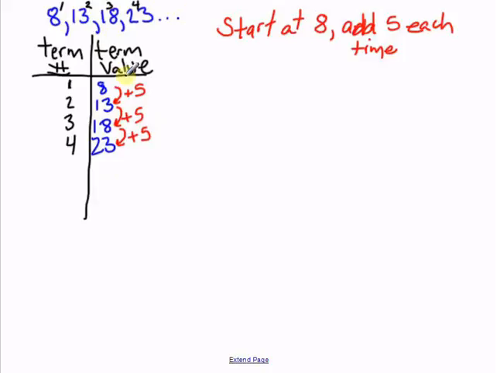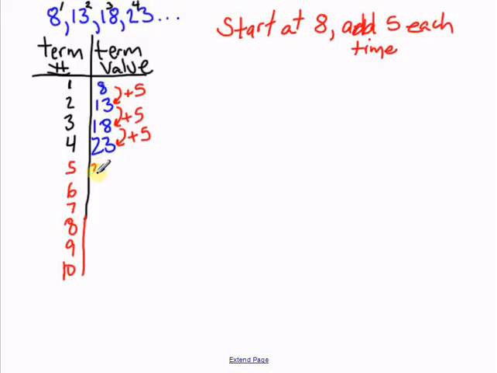Okay, so what it wanted us to do first is extend this table and just extend the pattern up to 10 numbers. Let's go with our 5th, 6th, 7th, 8th, 9th, 10th numbers in the pattern. If I just keep adding by 5s, this one's easy because every other number ends in a 3 or an 8.